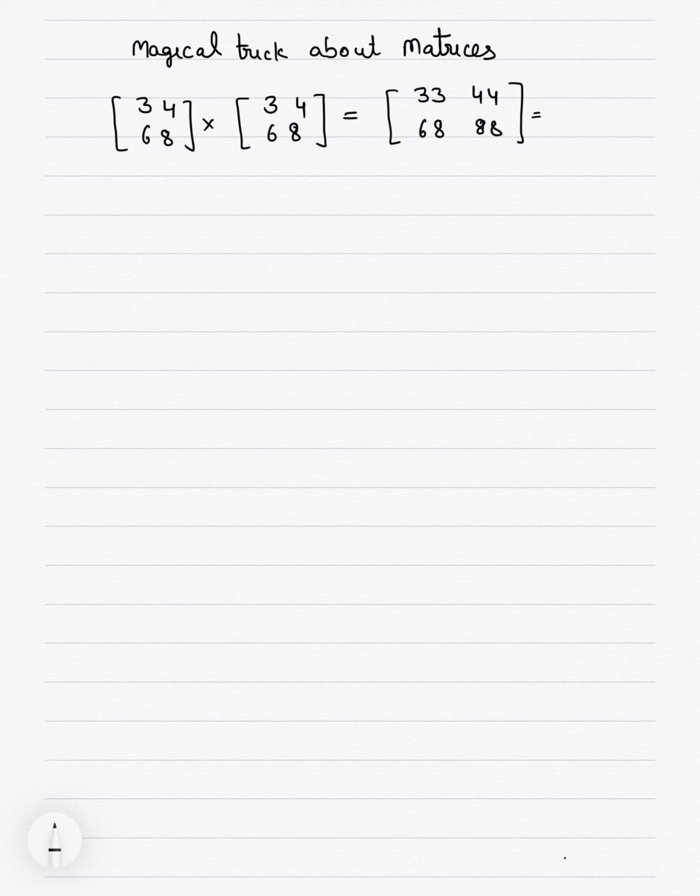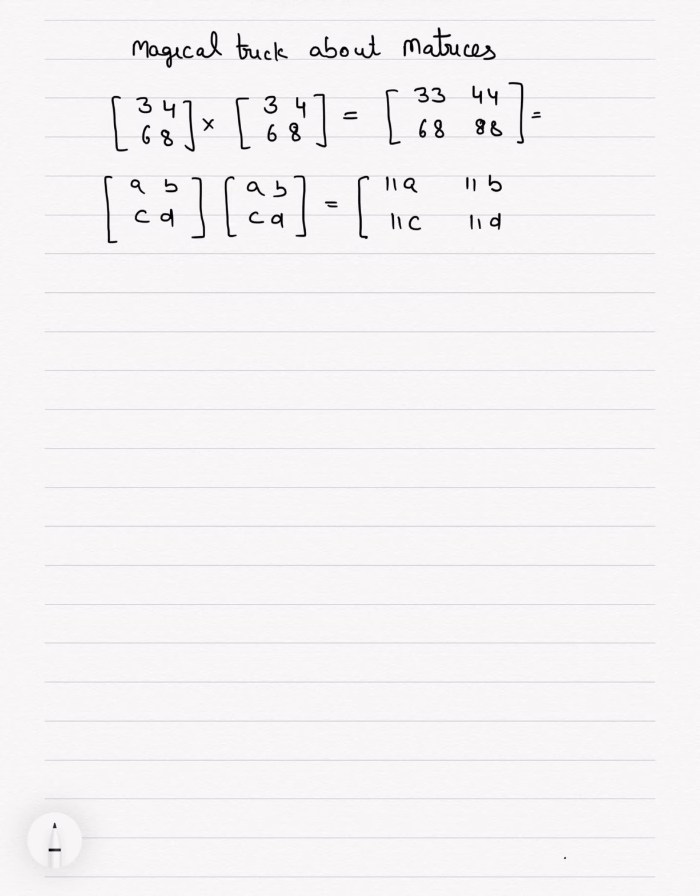Now, you can check if we take the matrix A, B, C, D and multiply this matrix with itself. Now, it is a very common phenomenon. We want to check why it is going to be 11A, 11B, 11C and 11D as per our example.